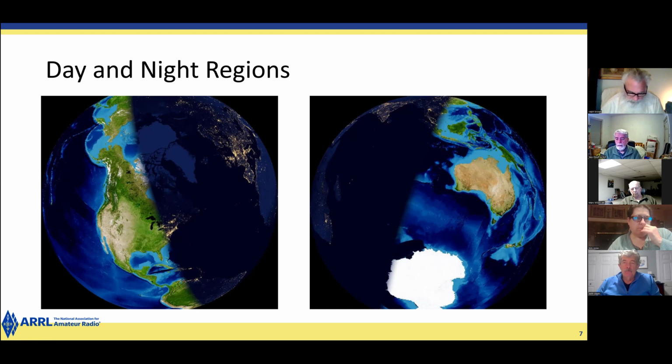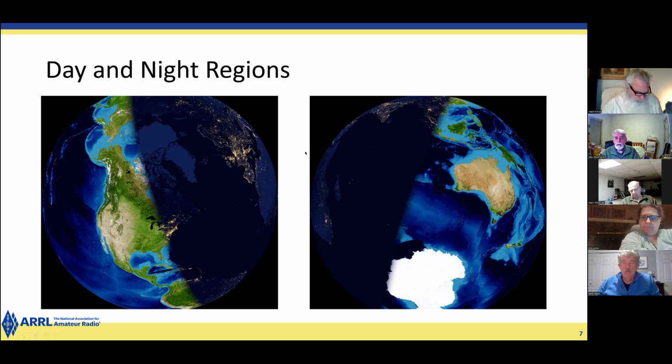So in the sunlit sides, there are separate F1 and F2 layers, and the D and E layers are present. And on the nighttime side, the single F layer is still present, and the D and E layers evaporate, or they go back to no charge.